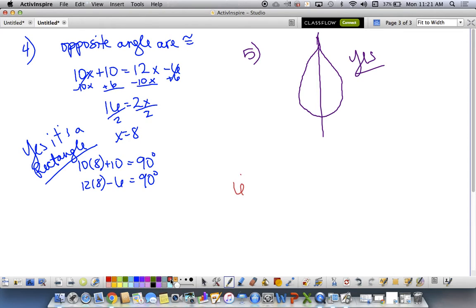Here also. A few less pages to print. Identify the type of transformation illustrated below. I don't want you just to identify it. I want you to tell me about it. What is it? What happened? So, did it flip? No. What happened? Did it rotate? Yes. It's a rotation.